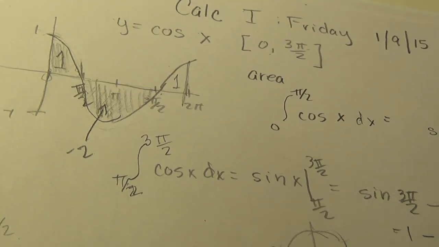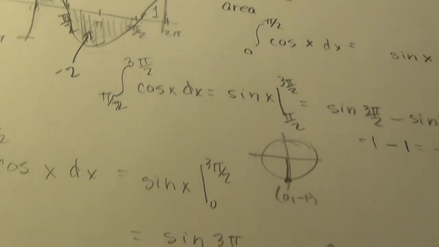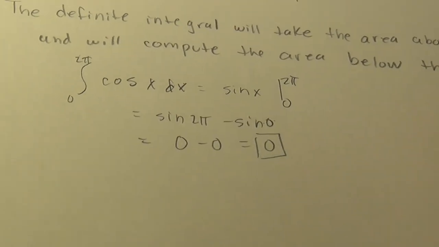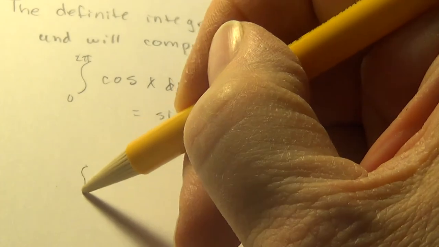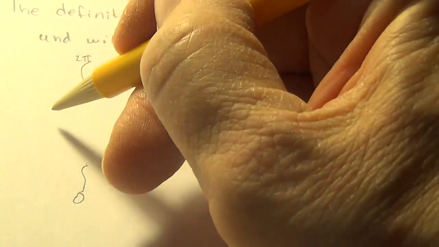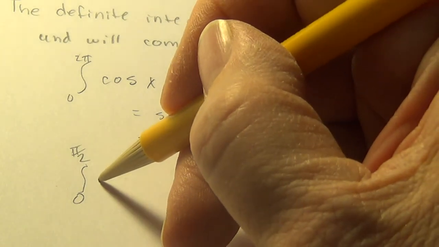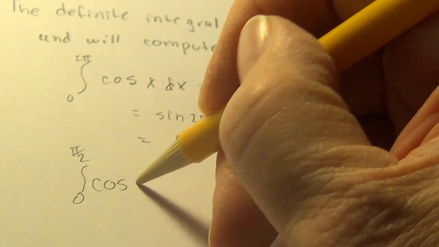If I wanted to calculate the area of such a thing, I would have to set it up piece by piece. I'd have to do the integral from 0 to pi over 2, which is positive, of cosine x.